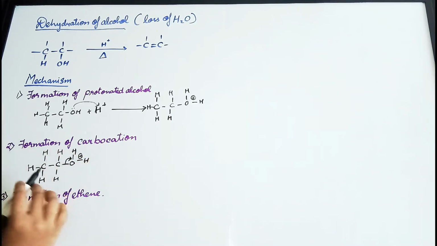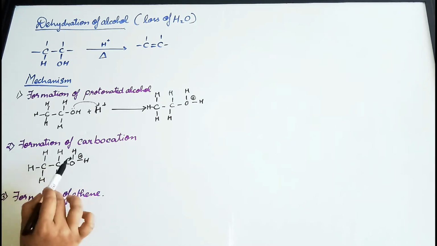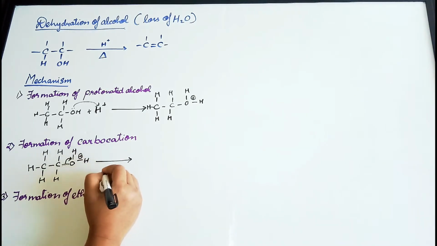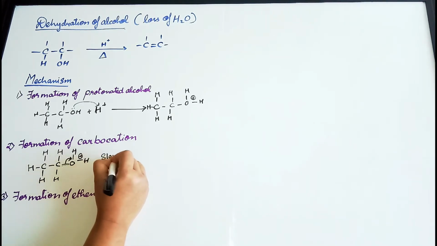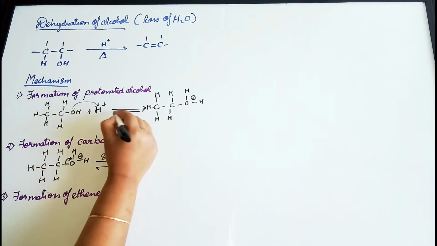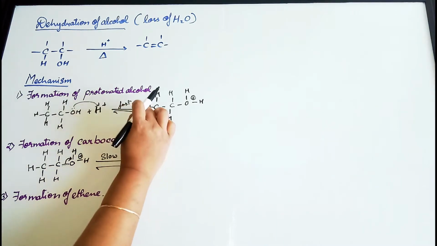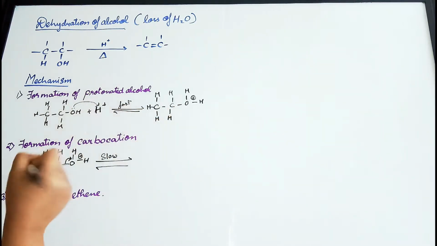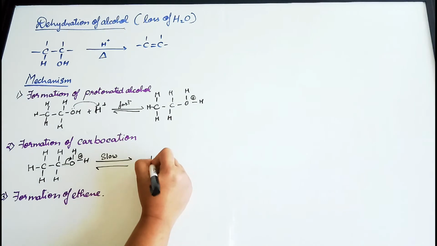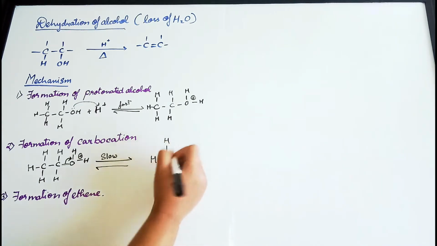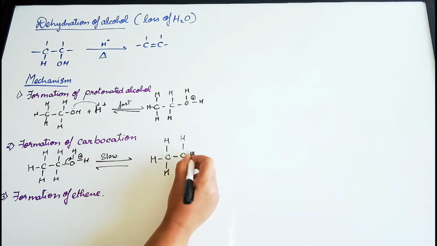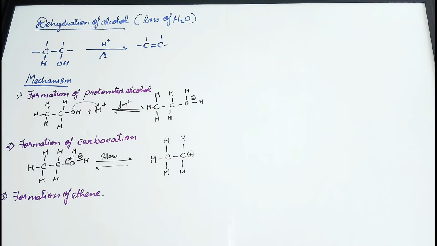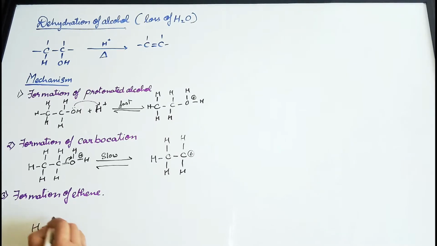And since these electrons are moving to the oxygen atom, our carbon atom is getting a positive charge. So this is a slow step. Oh, one more thing. This is a fast step. Protonation is a fast one, but this loss of water to form the carbocation is a slow step. So we are getting a carbocation. Now this carbocation has to get converted to an ethene. So let's take the carbocation first.